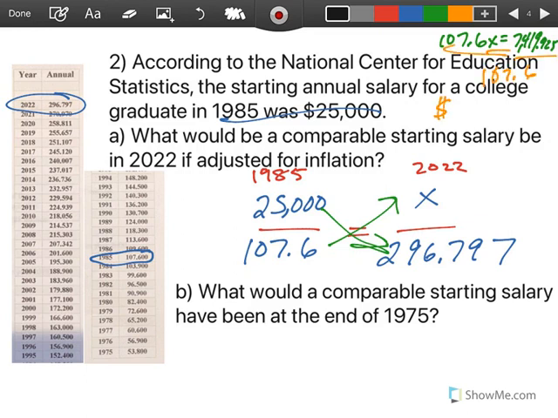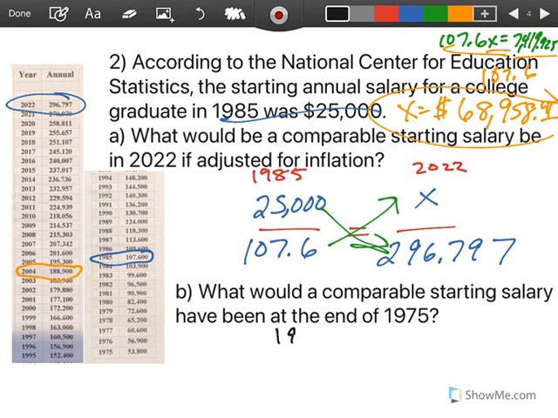And I end up with an X value here of 68,958.41 for the annual starting salary for a college graduate in 2022. I hope that's the case. I really do. I don't think it is, but I hope that's the case. This makes me want to play this with, I started out of college in 2004 just to see if it's right. But anyway, that's kind of how our comparison works.